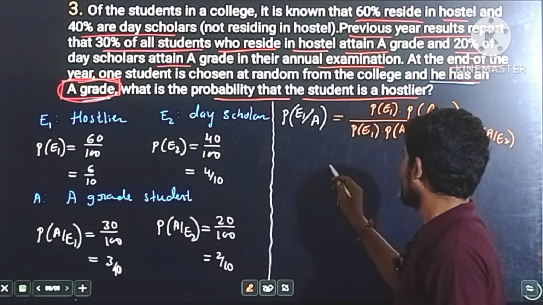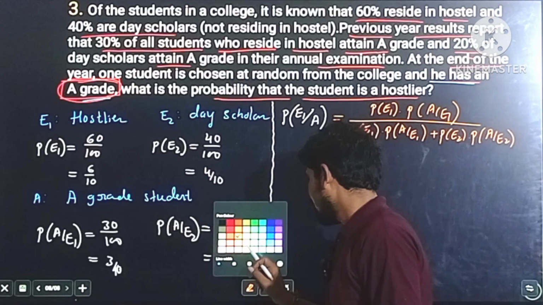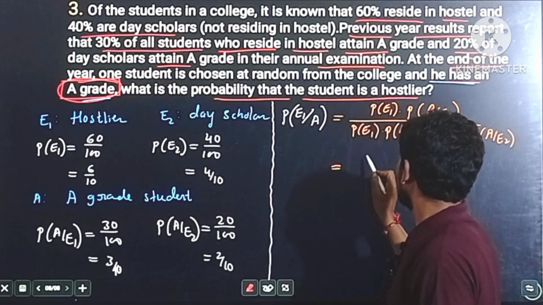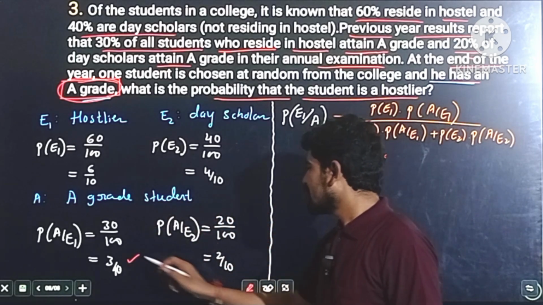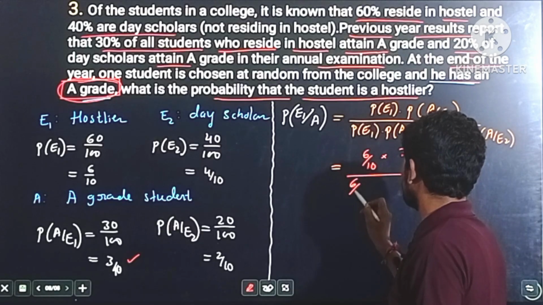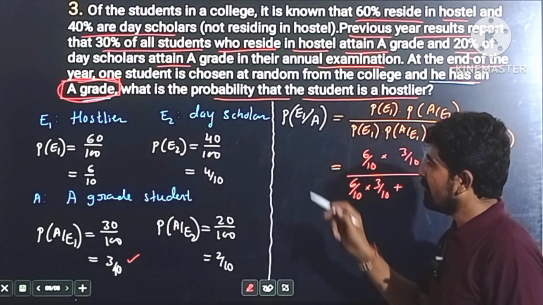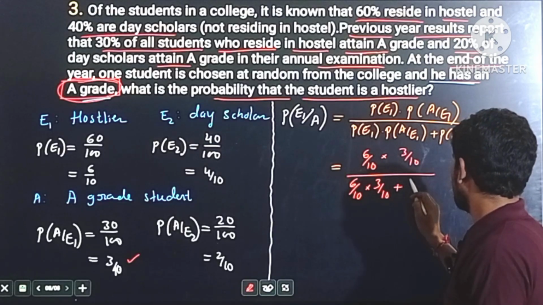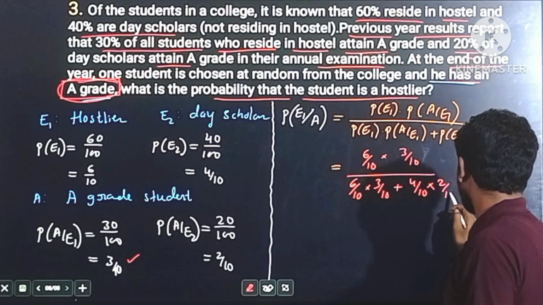Now just substitute the respective values. Probability of E1 is 6 by 10, times probability of A given E1, 3 by 10, divided by the same thing, 6 by 10 times 3 by 10, plus probability of E2, 4 by 10, times probability of A given E2, 2 by 10.